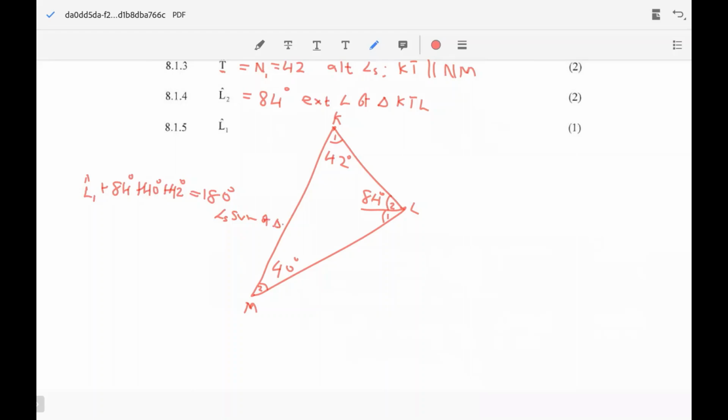So when you do the algebra, L1 will be 180 minus all of those angles, which I think to be 168.